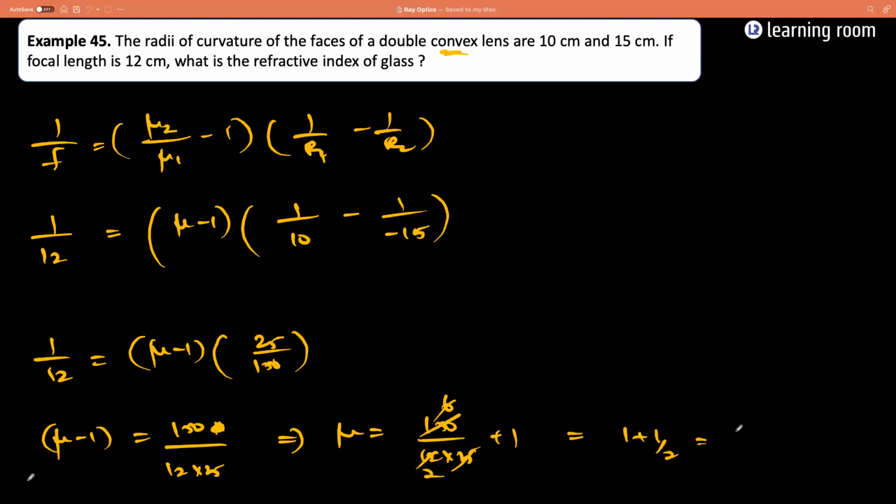So 1 plus half is going to be 3 by 2. So the refractive index of the glass is going to be 3 divided by 2. I hope it is clear.